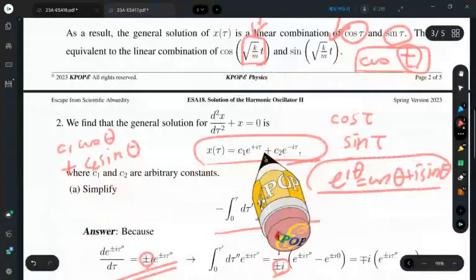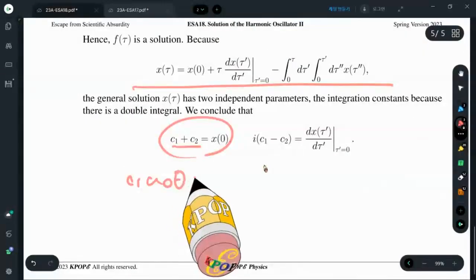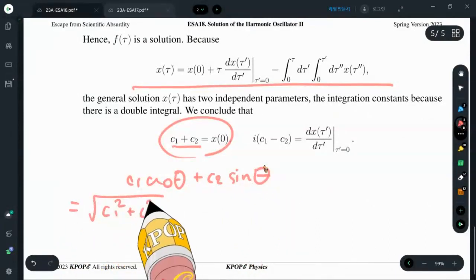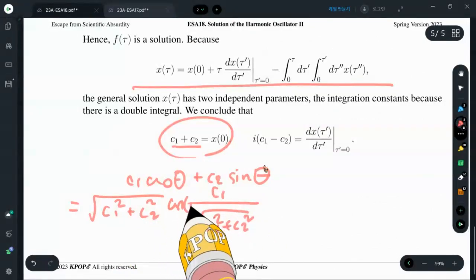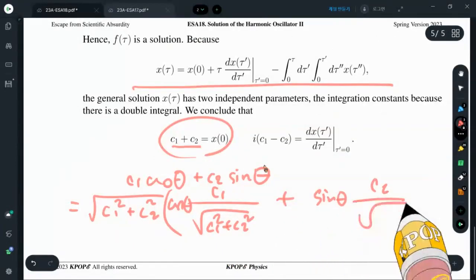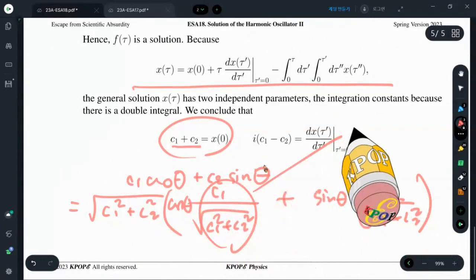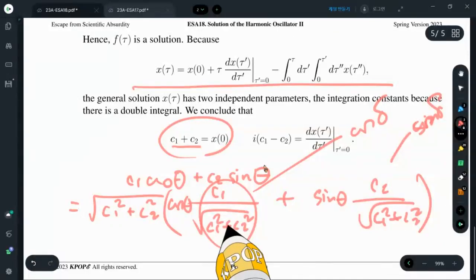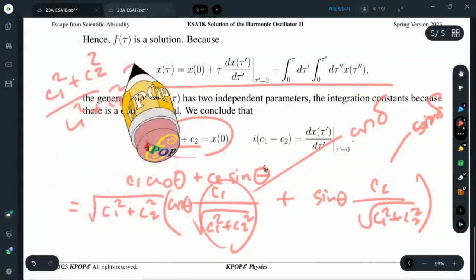You can combine any sinusoidal functions, C1 cosine theta plus C2 sine theta, then you can pull out the square root of C1 squared plus C2 squared, and put C1 over the square root of C1 squared plus C2 squared as cosine delta and C2 over the square root as sine delta, because the sum of the squares divided by C1 squared plus C2 squared is always 1.